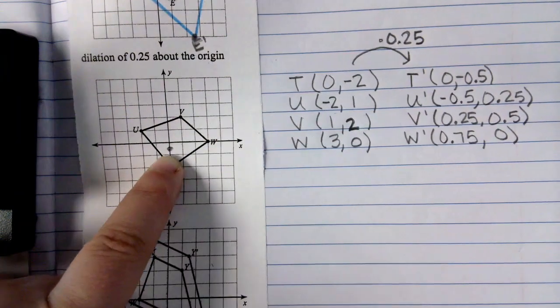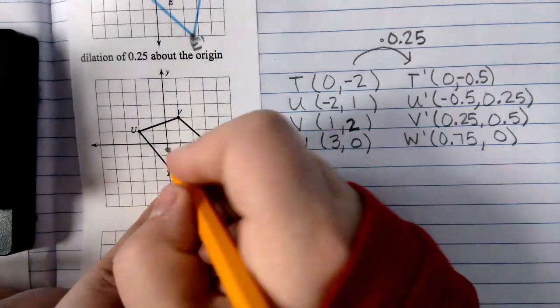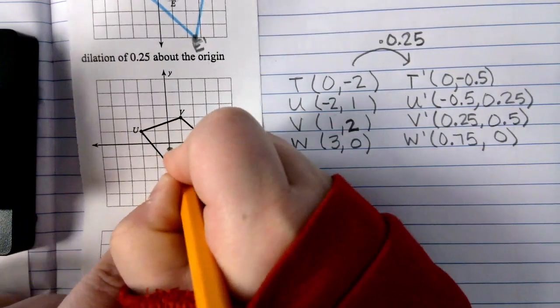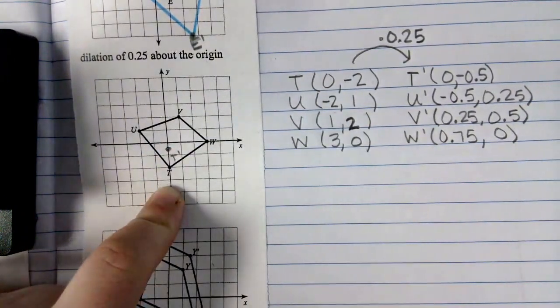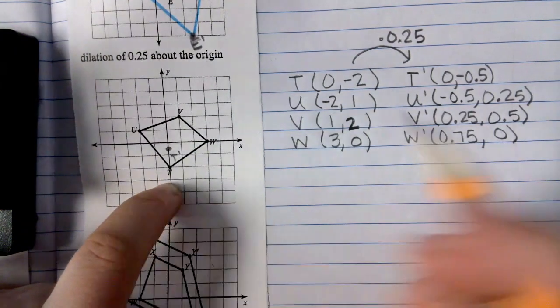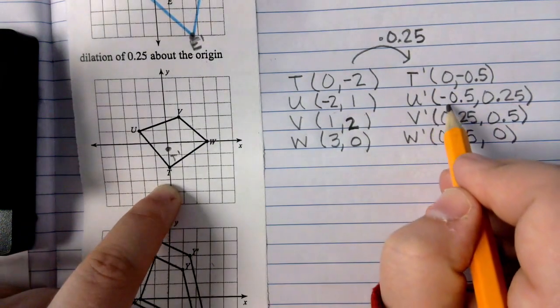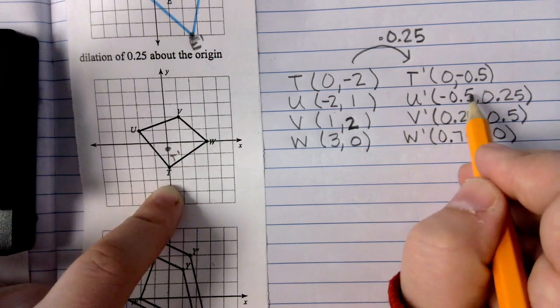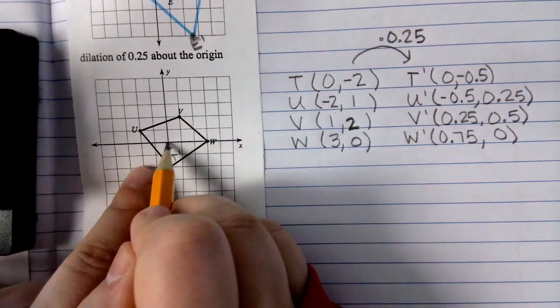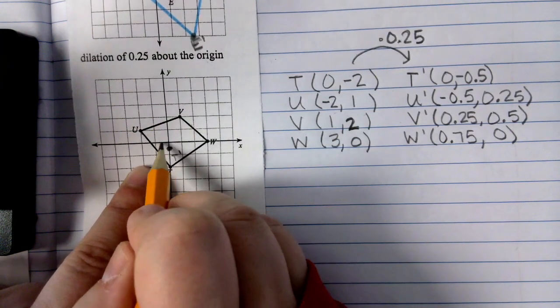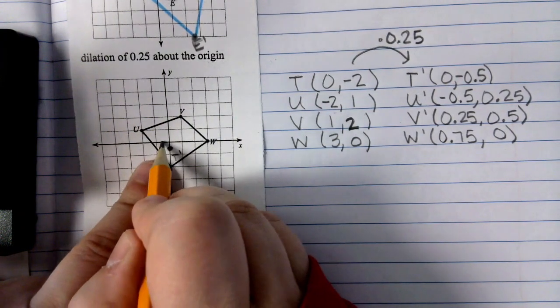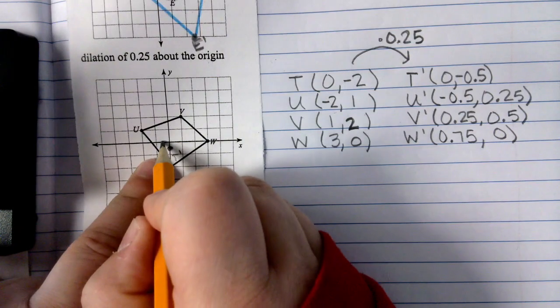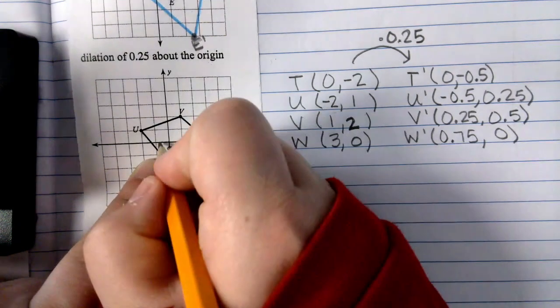Next up for my U prime, I have negative 0.5, 0.25. So negative 0.5 tells me to go left because it's negative. I'm going to go left a half. And then is 0.25 more than half or less than half? Should be less than half. It's only about a quarter of the way up. So not even halfway up to the next one.